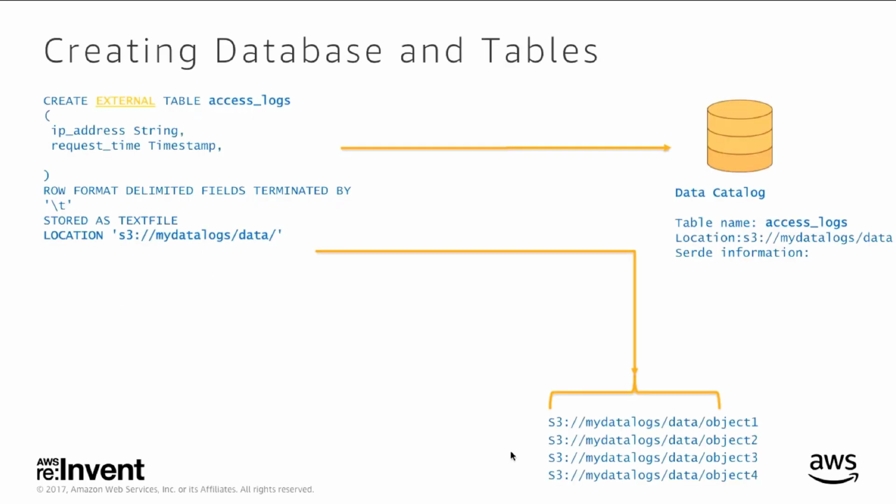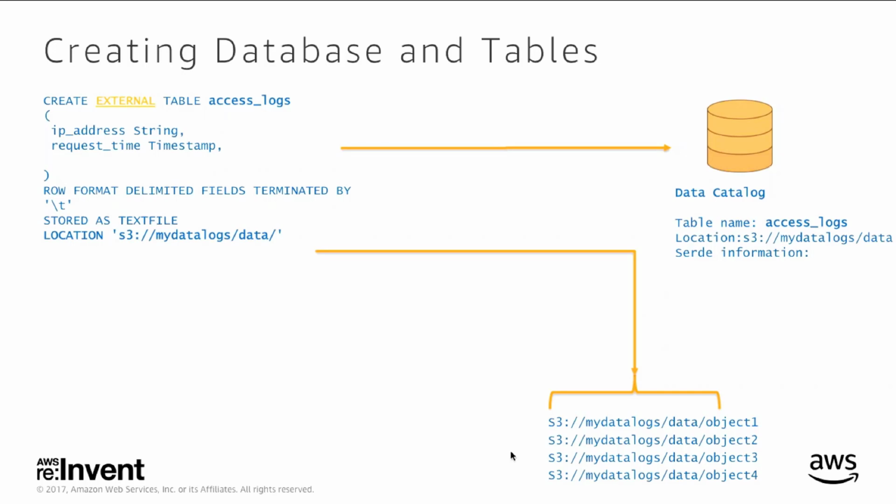Here's an example of what a table looks like. You'll notice we're saying create external table. In Athena, that's one important concept to remember: all the tables are referred to as external tables. What that means is that the metadata, the table definition, and the physical data are completely separated. So what we're doing here is simply defining the metadata for that table.